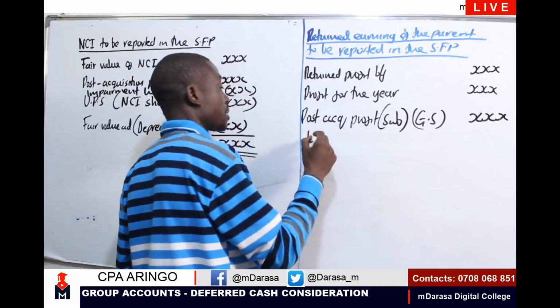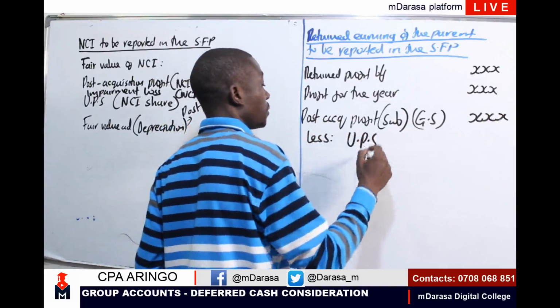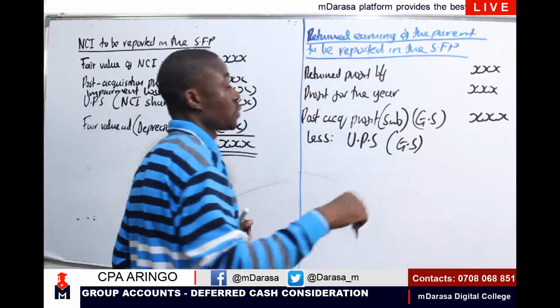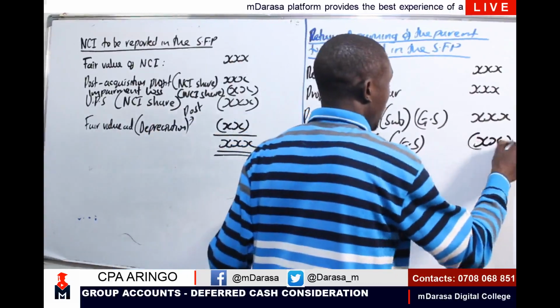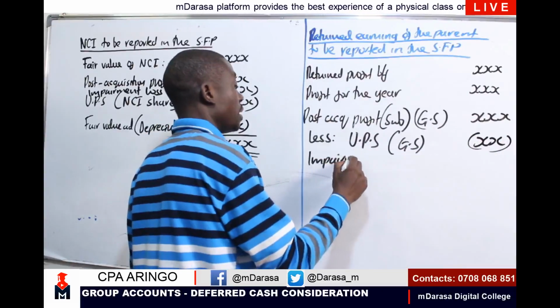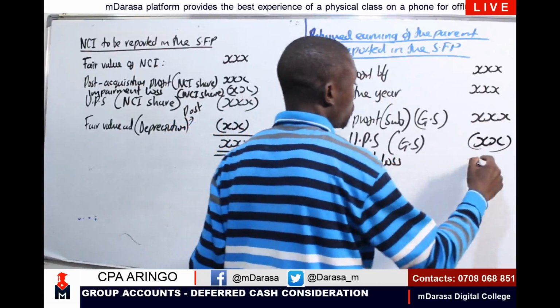We less any UPS group share, or if it was downstream, I'll be taking the whole amount. We less any impairment loss, of course, group share.